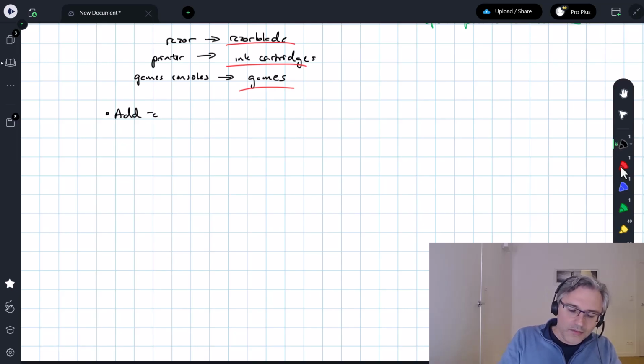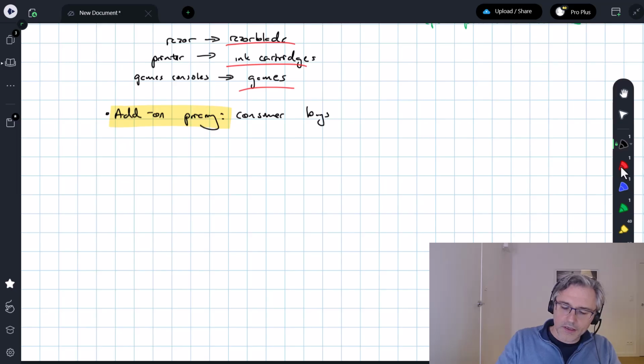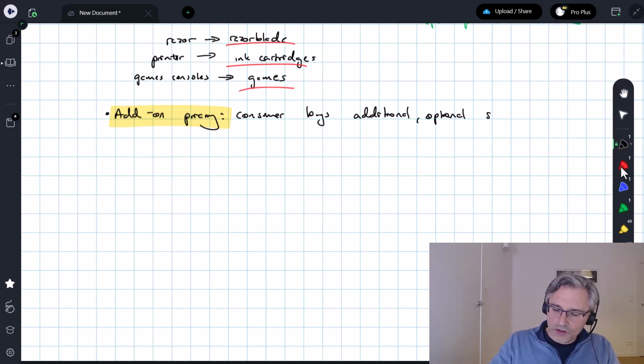Add-on pricing. Right, add-on pricing. So this is where the consumer buys some additional or optional services or products.